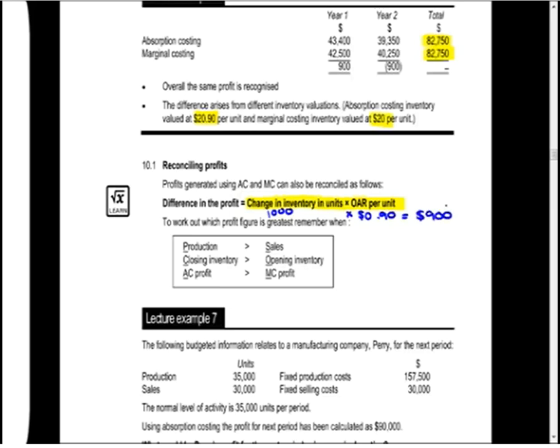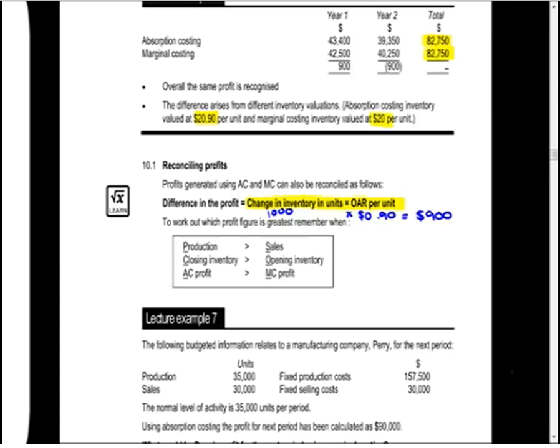As you can see from the reconciliation above though, it's not always easy to tell whether the absorption costing profit or the marginal costing profit will be higher. It depends what is actually happening to inventory levels.